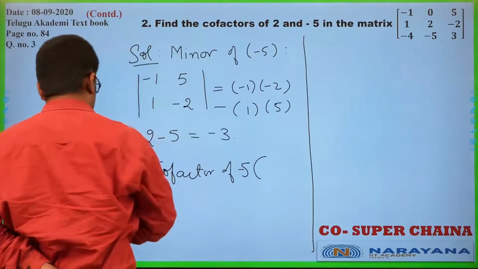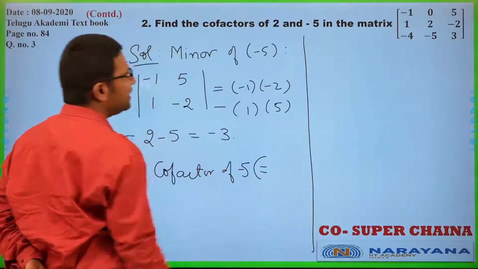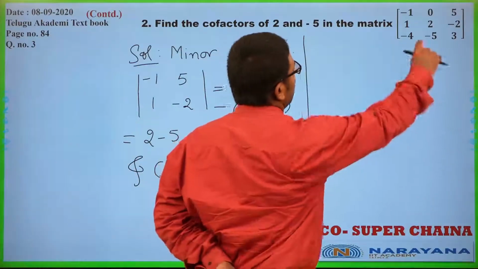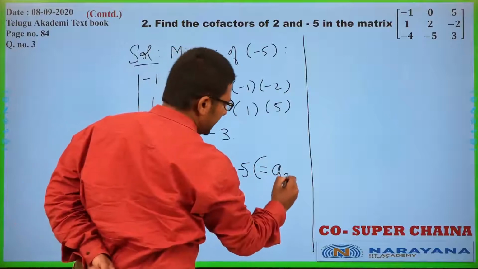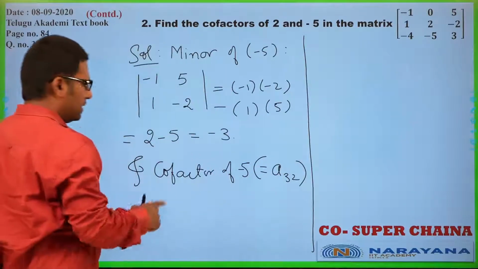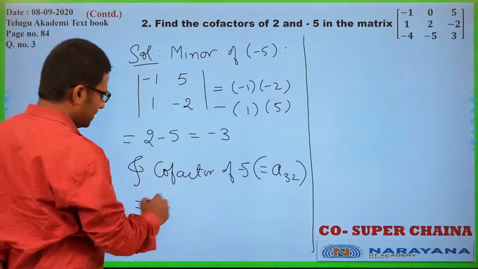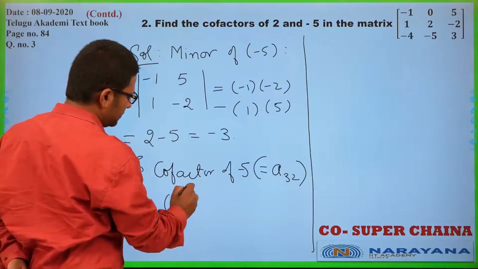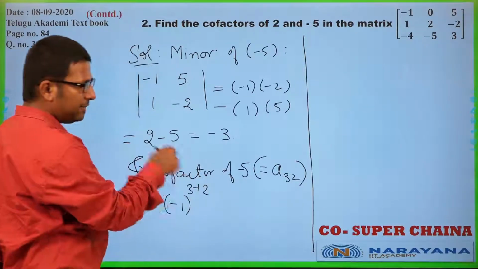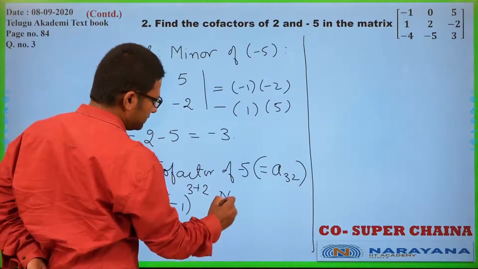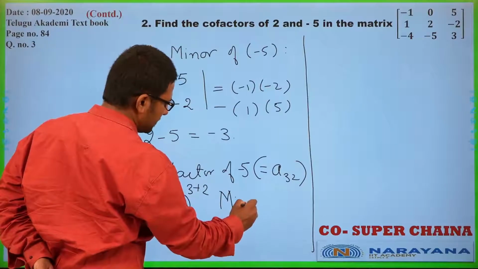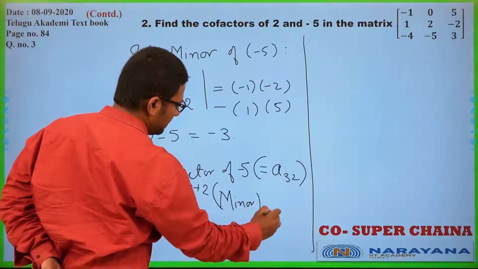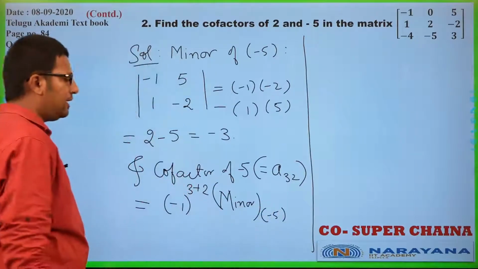Now -5 happens to be which element? It is a32, third row, second column. This cofactor would be -1 raised to 3 plus 2, so i plus j, into the minor of the element -5.